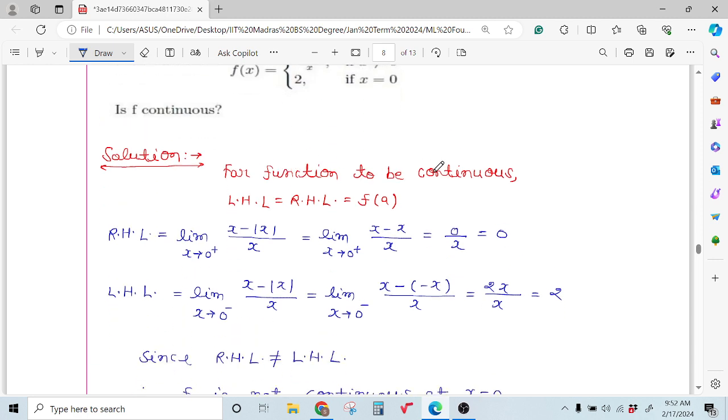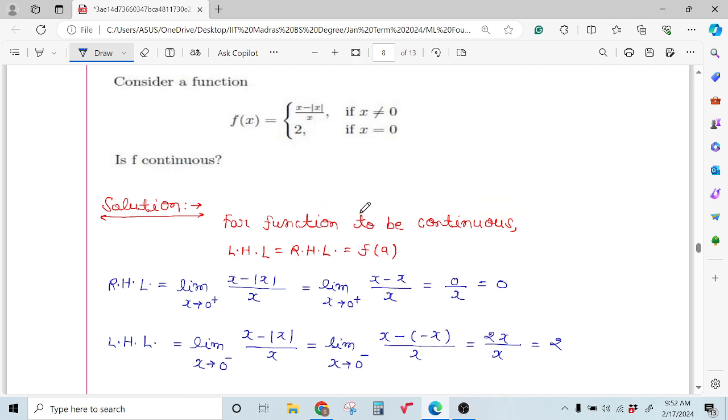For a function to be continuous, what is the concept? The left hand limit must be equal to the right hand limit, and this must be equal to the value of the function at that point. So we calculate the right hand limit at 0 plus. At 0 plus, what will be the value of mod x? The graph of mod x is this. While calculating the right hand limit at 0 plus, this is 0 plus and this is 0 minus.